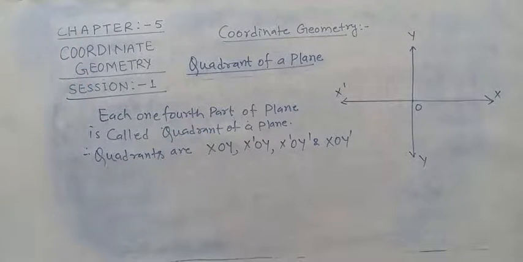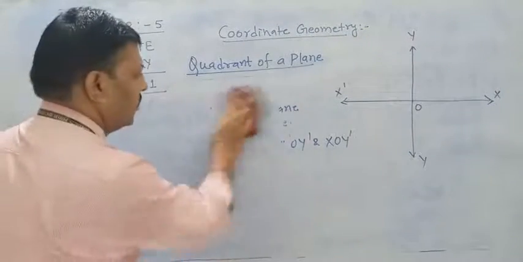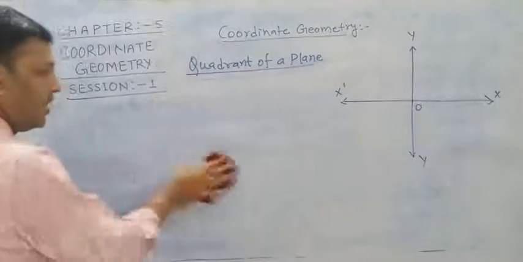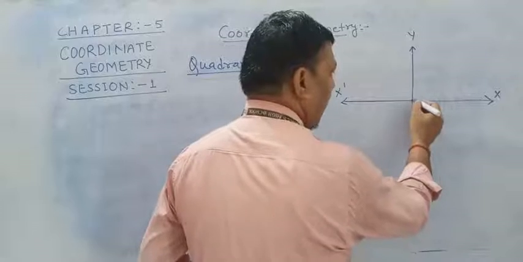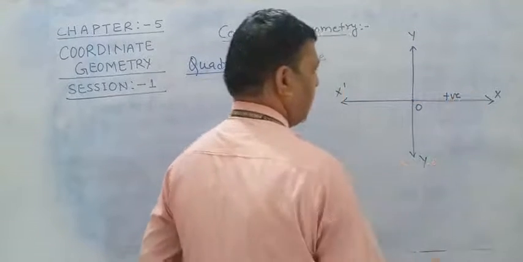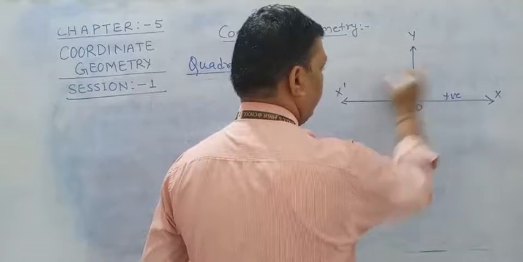Now the sign significance of the plane. Origin means we have to start counting. In mathematical significance, as this is the origin, as we move to the right, this is taken positive, and when we move above, it is also taken positive.